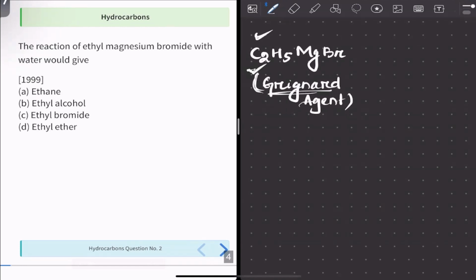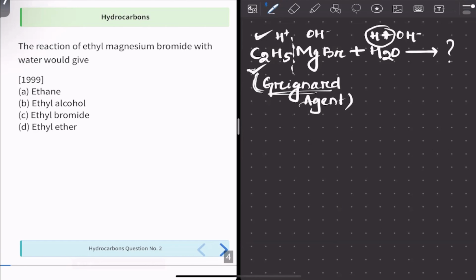C2H5MgBr reacts with water. So what will be the product? Here it will be a simple hydrolysis reaction. H2O has H plus and OH minus. So H plus and OH minus will divide this molecule here. H plus will react here and OH minus will come here.